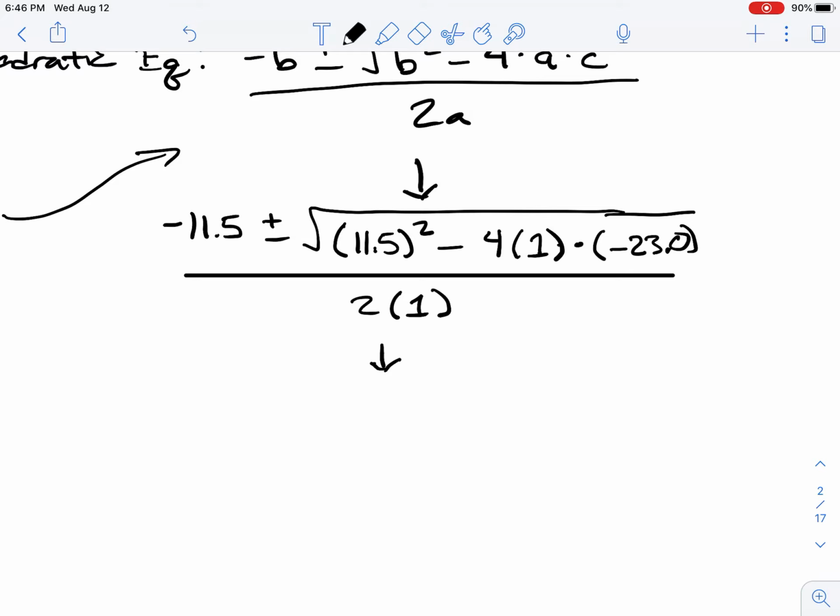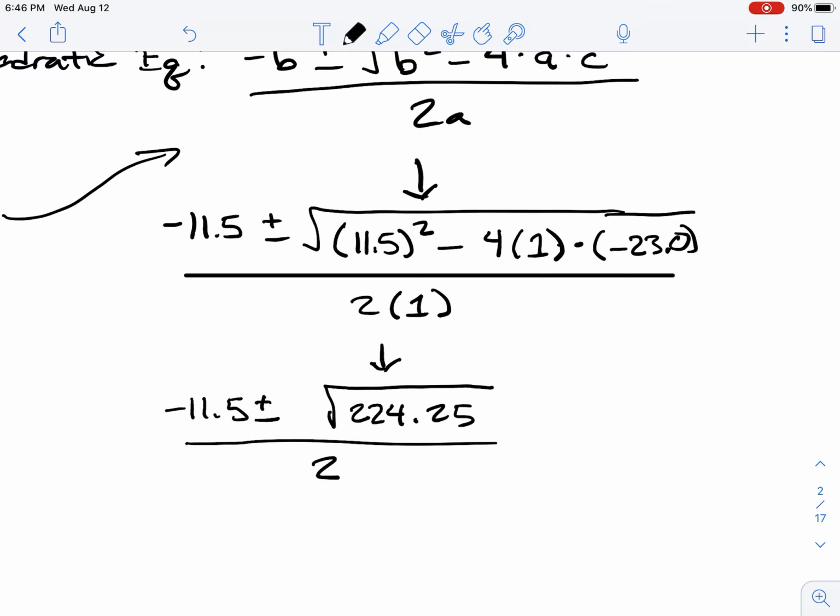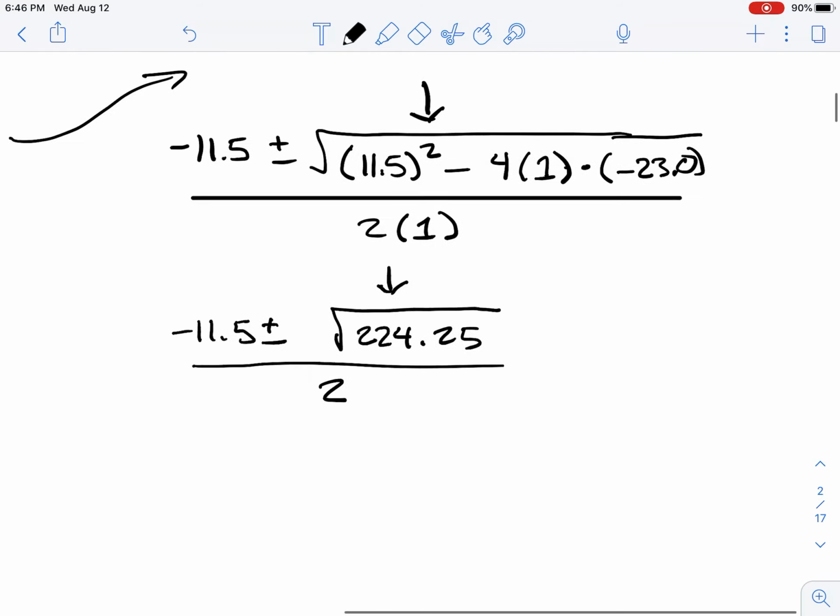So 11.5 squared minus 4 times 1 times negative 23.0. The value that I get is 224.25. And then 2 times 1 is simply 2.